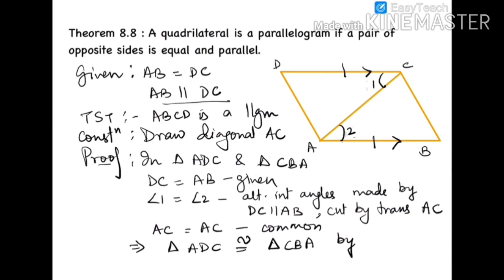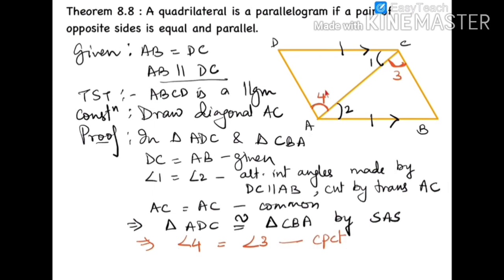So these two triangles are congruent by SAS. And if these two triangles are congruent, then their corresponding angles are equal. So we can mark angle BCA equal to angle DAC. Let's mark these angles as 3 and 4. So we can write angle 4 is equal to angle 3.